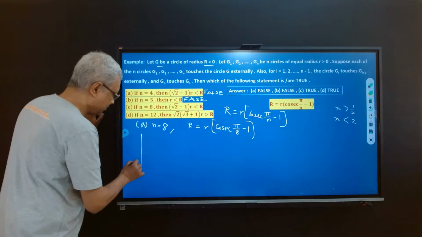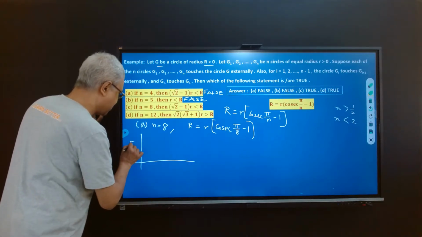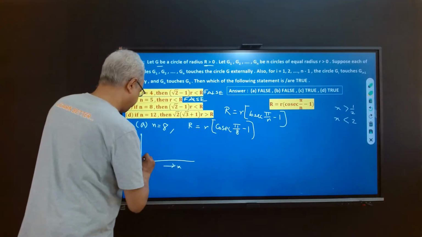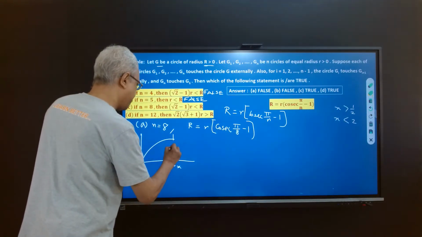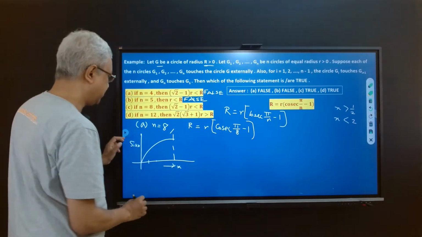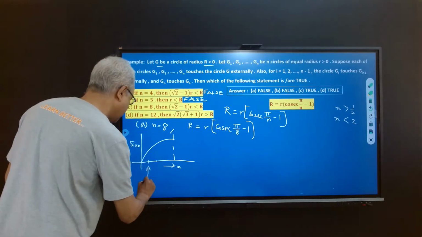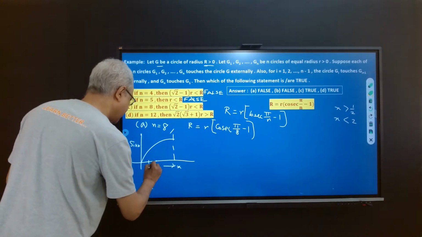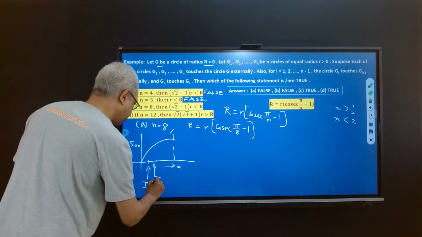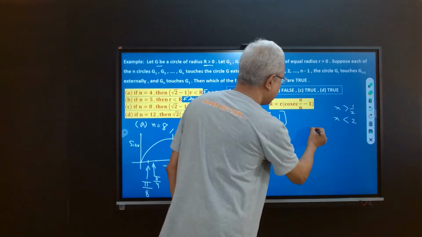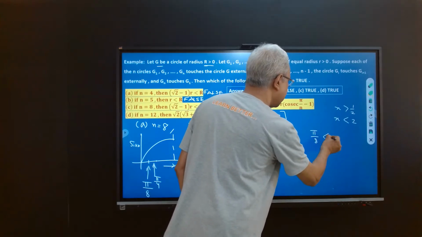So again, sin x versus x. Pi by 8 is definitely a smaller value compared to pi by 4, is it not? Same trick if I apply, pi by 8 is smaller than pi by 4.